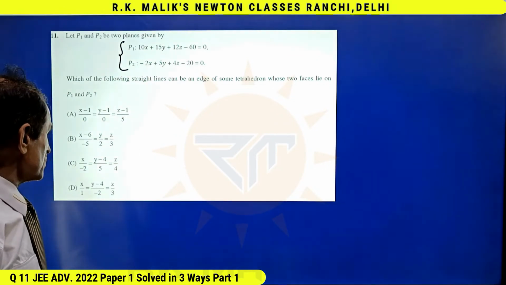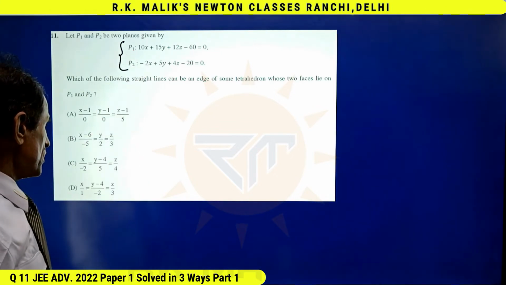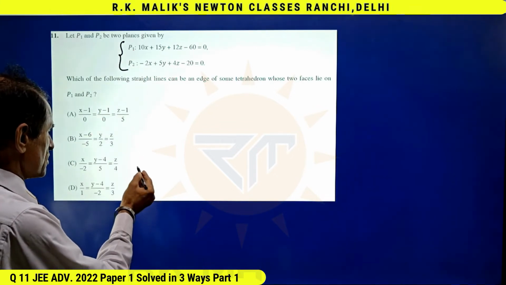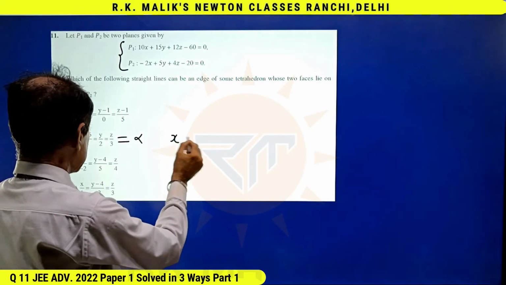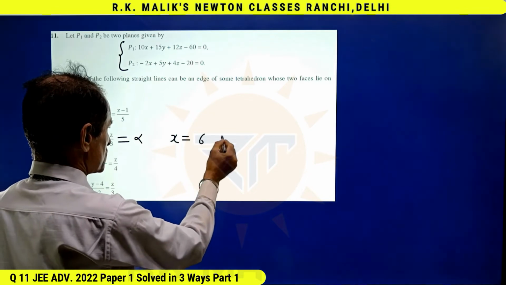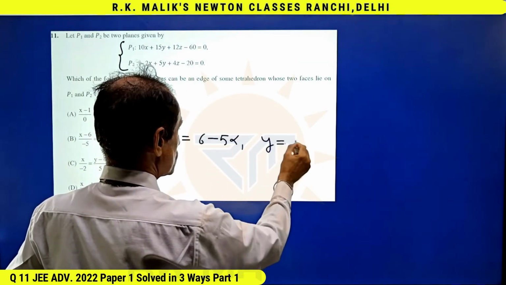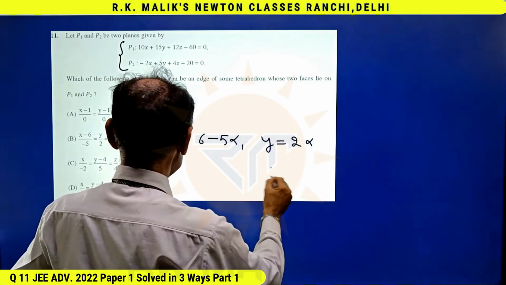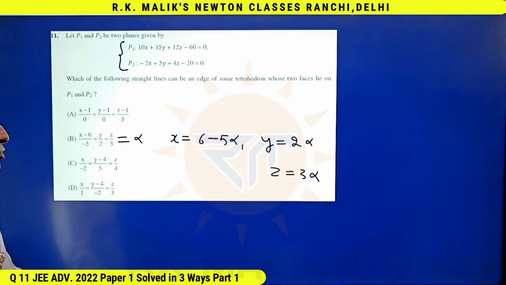And to check the point of intersection of this line with this plane, as in the previous case, first suppose it equal to alpha, the value of x will be 6 minus 5 alpha, value of y will be 2 alpha and z will be 3 alpha.